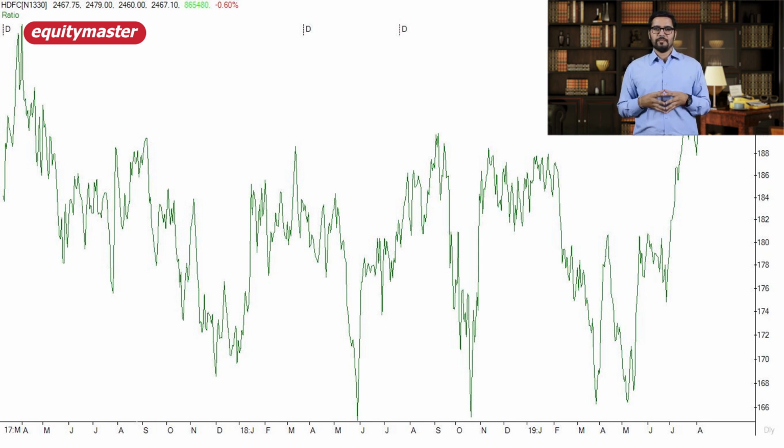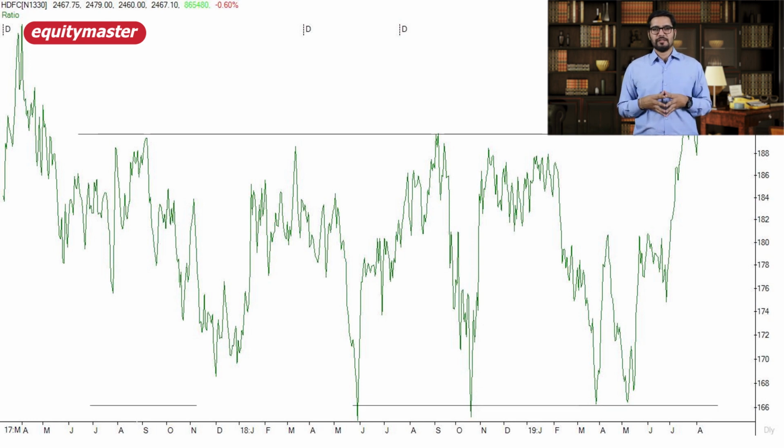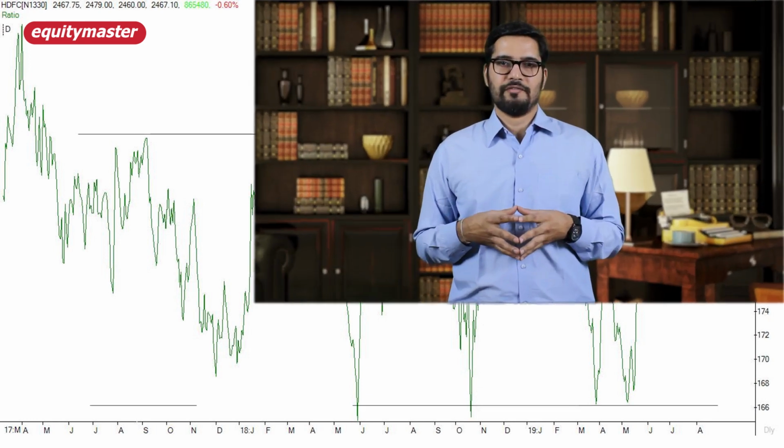Now this particular information helps a lot. When the ratio chart falls, which is in this case, as you can see right now, HDFC Limited is underperforming HDFC Bank. Whereas when the ratio chart moves up, that means that HDFC is outperforming HDFC Bank. The ratio is also moving in a range. Now this information helps fund managers take investing and trading decisions.